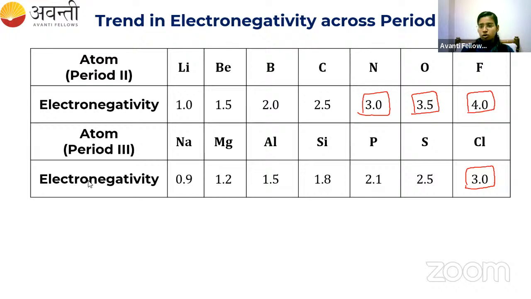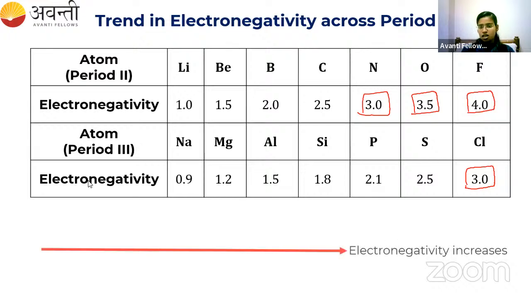Yeah, electronegativity increases across the period. Okay, electronegativity increases across the period. Fluorine is the first most electronegative element. Okay, first most electronegative. Oxygen is the second most electronegative element.